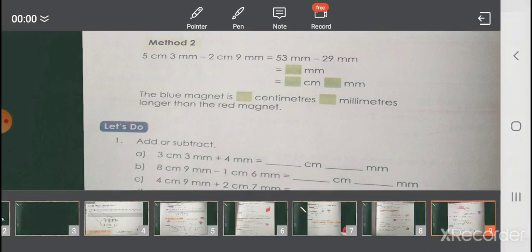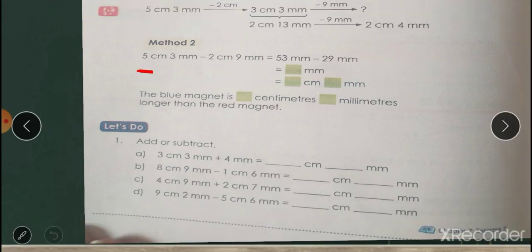So as you can see, we have the length of the blue magnet, that is 5 centimeter and 3 millimeter, and the length of the red magnet, that is 2 centimeter 9 millimeters. So what are we going to do first? We have to subtract the red magnet's length from the length of the blue magnet. So the first thing we have to do is convert centimeters into millimeters.